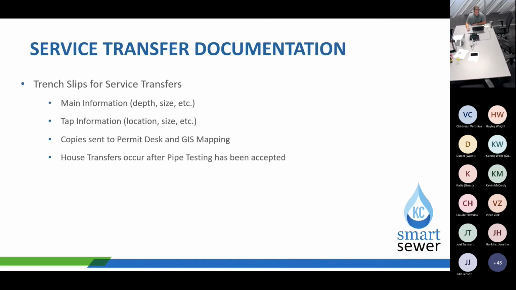All right, so service transfers, these always happen after the work shut is done. So after the contractor gets their tie-in done, it is when the services can happen. This will be the meters and the curb stops and the corp that they have to tap into that main, that brand new main, and then that's when service transfers happen.